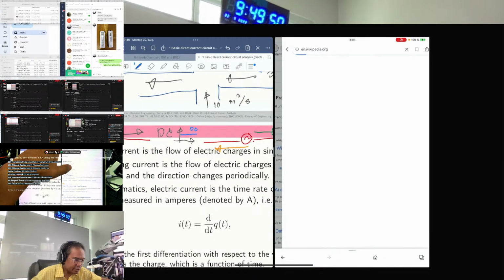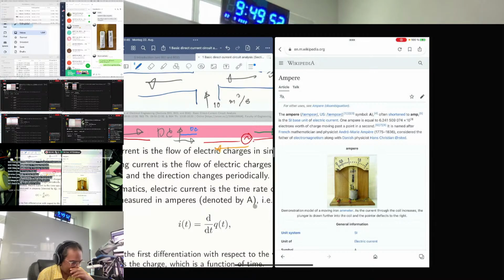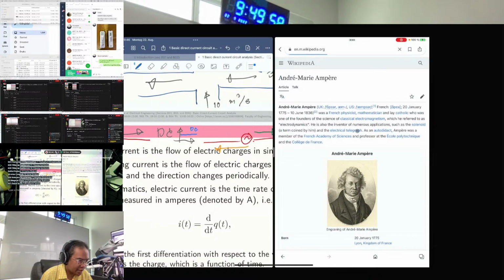Okay, ampere is the unit of charge flow rate. It is derived from the surname of this person, Andre Marie Ampere.